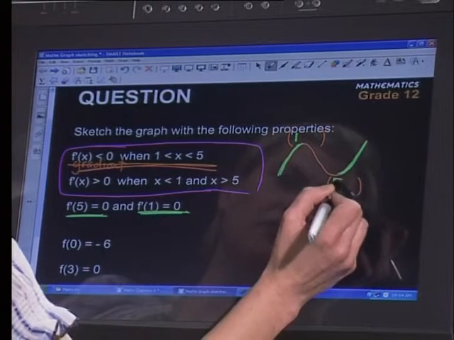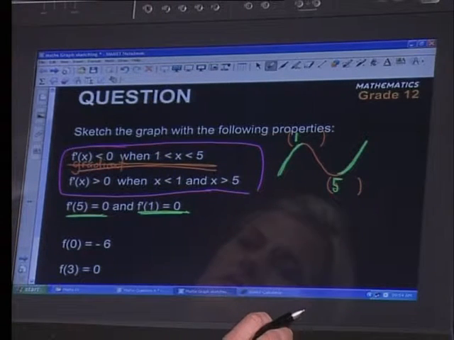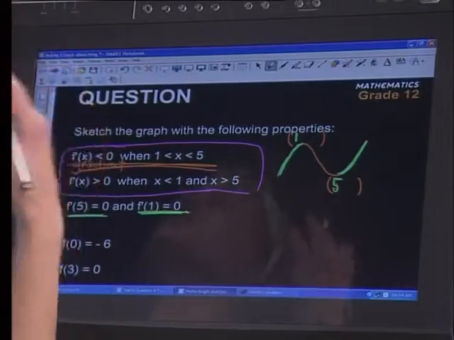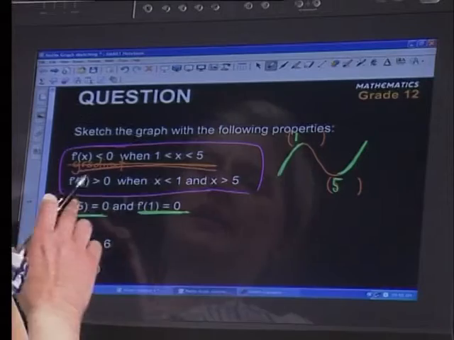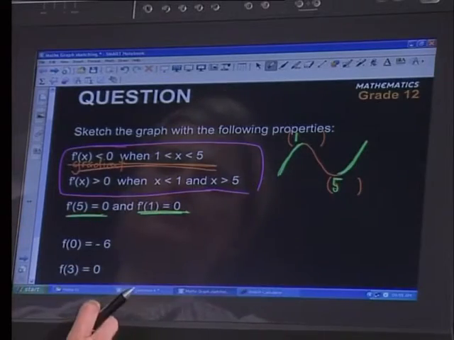Those are the places where I've got the turning points. Because if you think, Winty, of how you calculate the stationary points or turning points of a graph, you get the derivative, you put it equal to 0, and you solve for x, right? So now they've just told us that the derivative is 0 at these particular x values, 5 and 1.